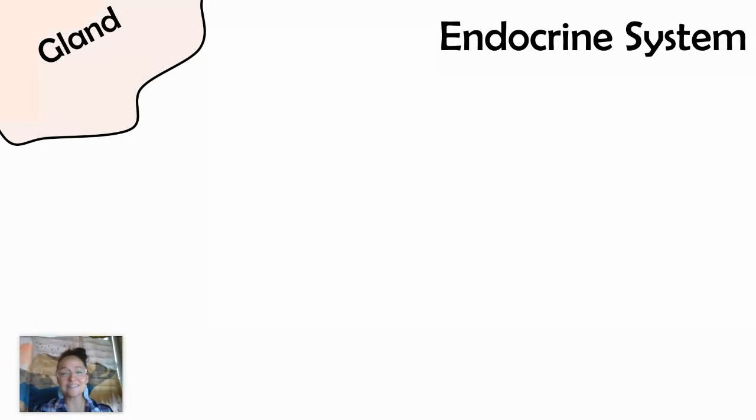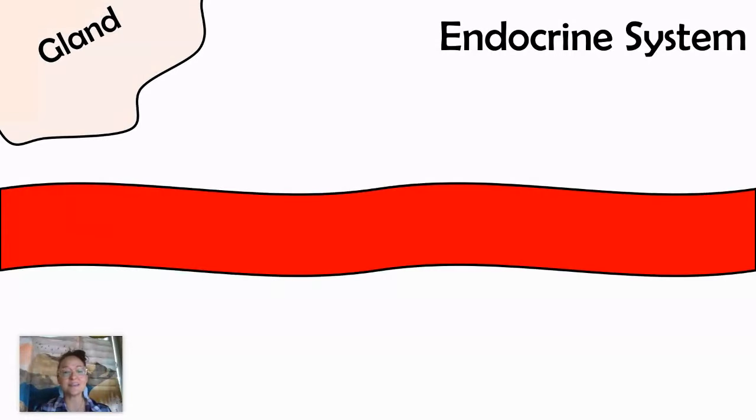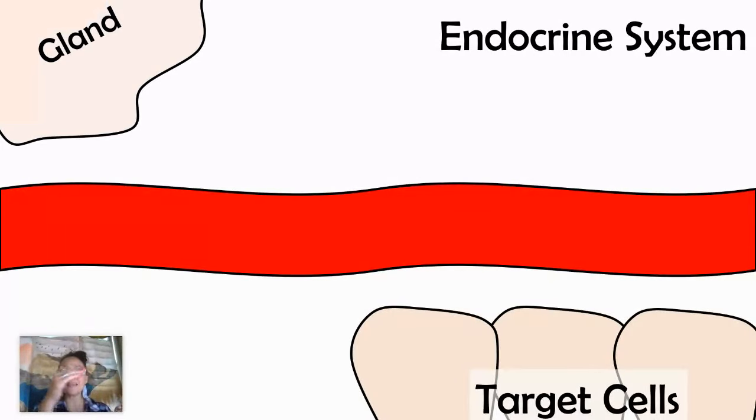Glands are organs that are going to release hormones. So a gland releases hormones into the bloodstream, and they're traveling in the blood. You can think of the circulatory system as kind of like the freeway or the transport, the highway, the roads of how a hormone will get from a gland to their target cells.